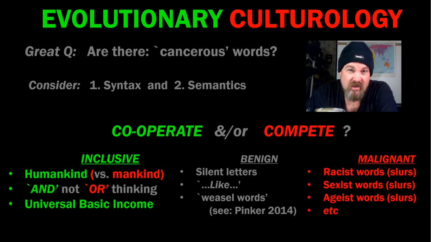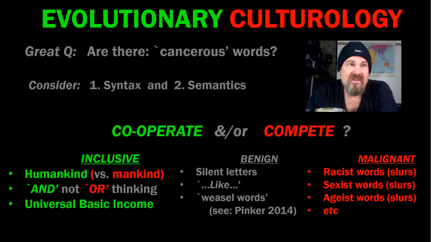And another great question that came up in the AppEEL webinar number 3: are there cancerous words? Well, you can consider syntax or semantics, like we just did with Chomsky's sentence there. The question is cooperation or competition. So you could use inclusive words such as humankind rather than just mankind.